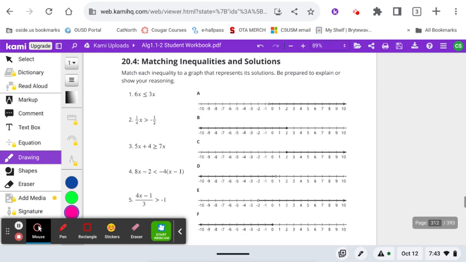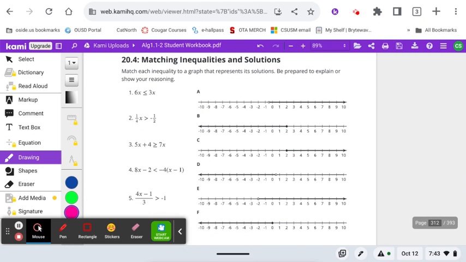Finally, when we get down to 20.4, these are nice because you're first going to solve them and then you're going to choose which graph it goes with. And so I'm just going to work through these and then you can see if you got the same matchings.